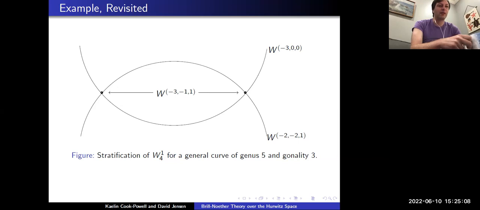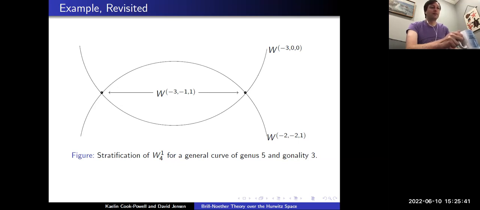By push-pull, H naught of your line bundle is equal to H naught of the push forward of that line bundle to P1.